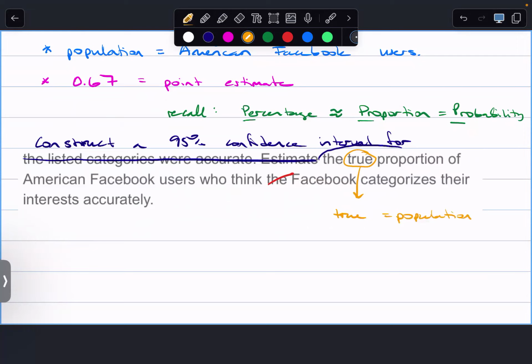We can use those interchangeably as well. Sometimes it just sounds better if you say the true proportion of American Facebook users, or the population proportion, because that's what we're trying to capture: the population proportion of American Facebook users who feel that this is accurate.